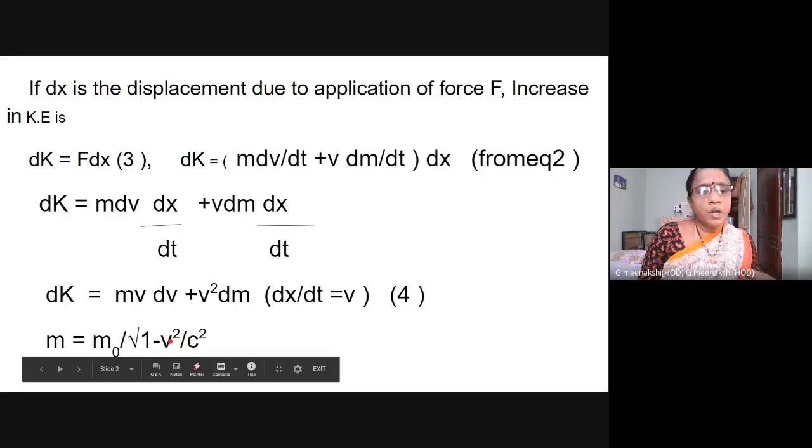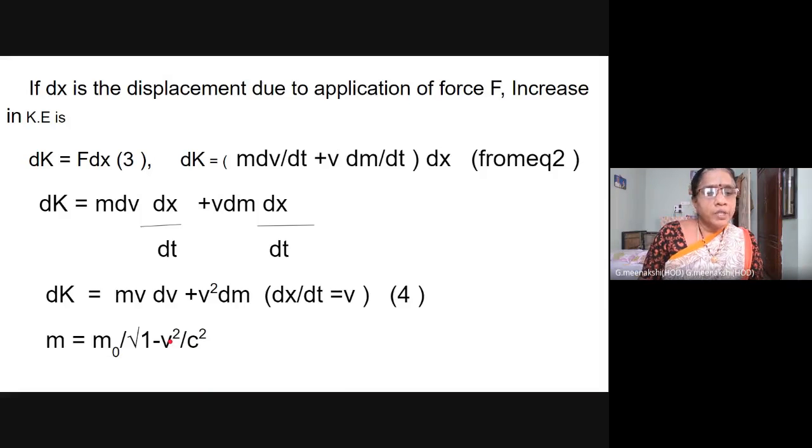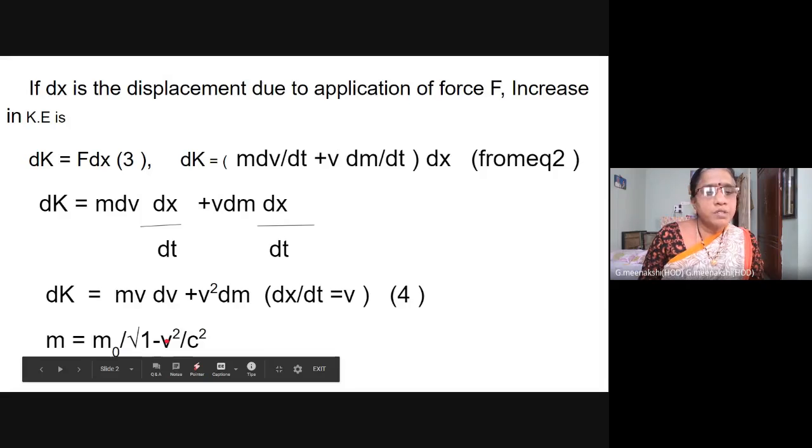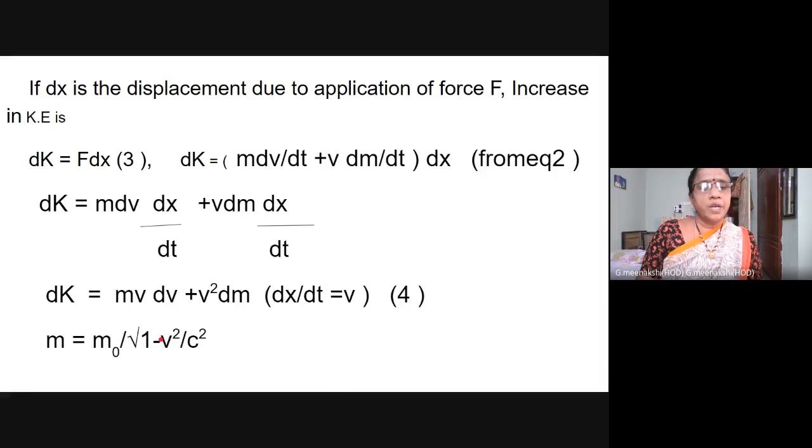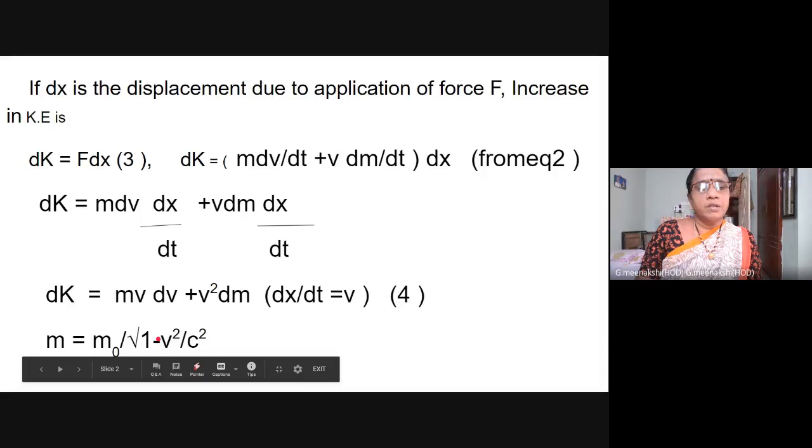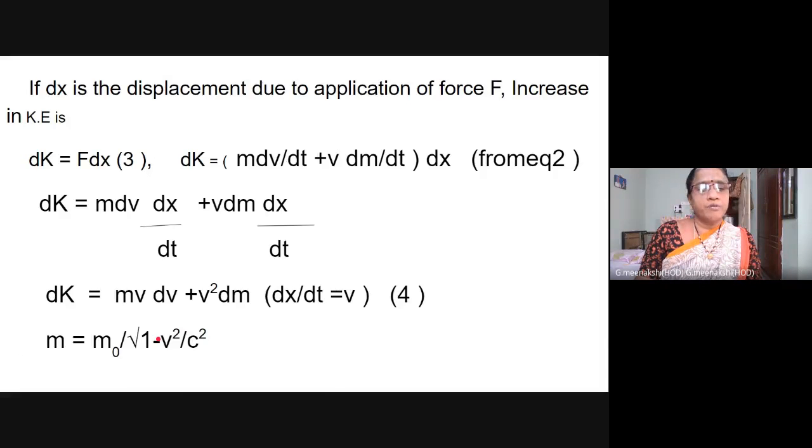Now we know already, according to relativity theory, the mass of a body moving with a velocity v is given as m equals m naught by root of 1 minus v square by c square, where m naught is the rest mass, v is the velocity of the moving body, and c is the velocity of light.